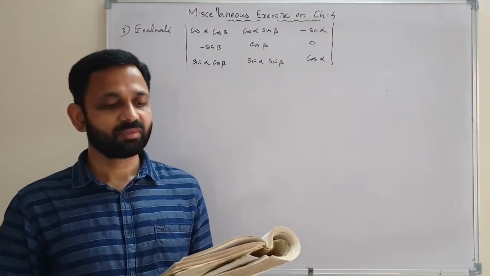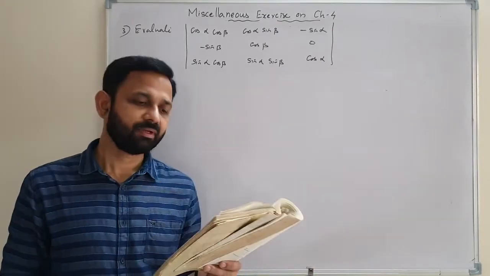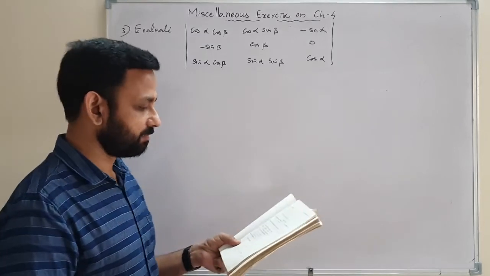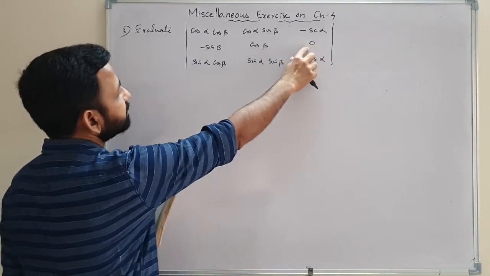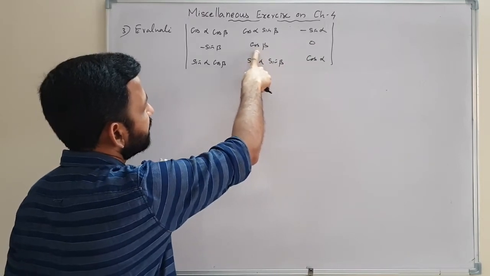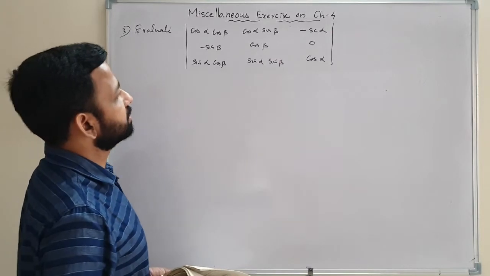Evaluate. Here it's not specified whether to use properties or the normal way. This question we can do by property because we have one 0 here. If we make one more 0 here, then we can reduce it into a 2 by 2 and easily find the value.